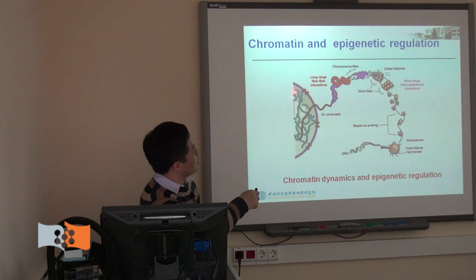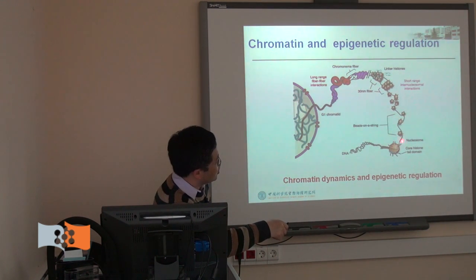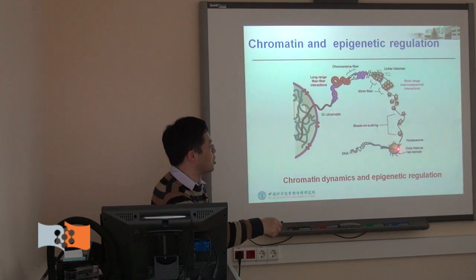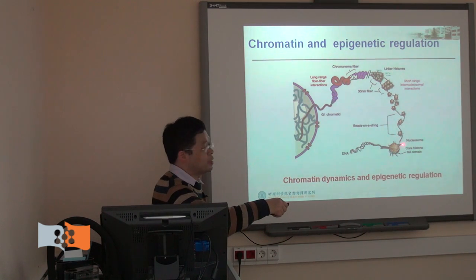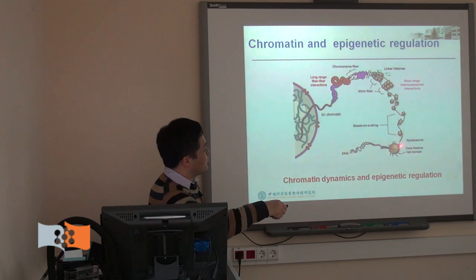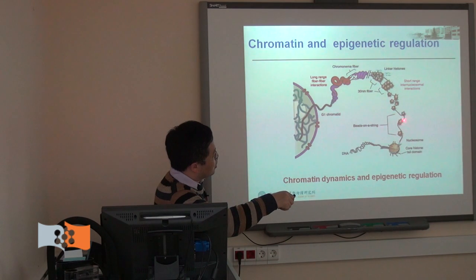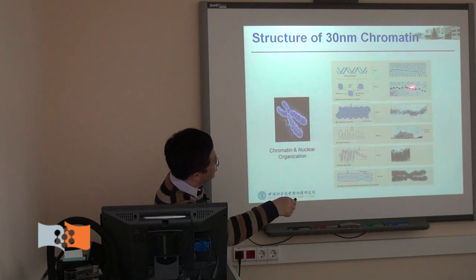So this is a chromosome. The unit of the chromosome is called a nucleosome. A nucleosome is DNA wrapped around the histone octamer. The nucleosomes then form a string of beads, this 11 nanometer fiber of nucleosomes.